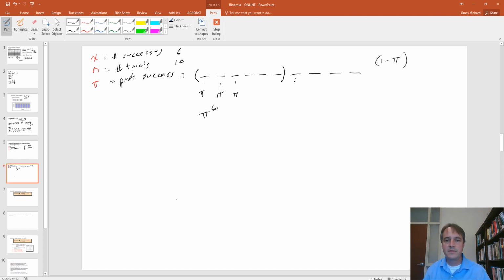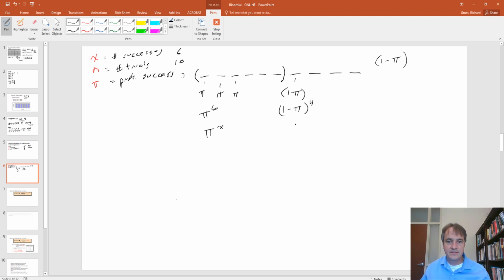So each one of these is going to be a 1 minus pi, and now there are 4 of them, so we have 1 minus pi to the 4th. Just to generalize it a bit, where did these superscripts come from? Well, this 6 was our x, so we'll say this was pi to the x.